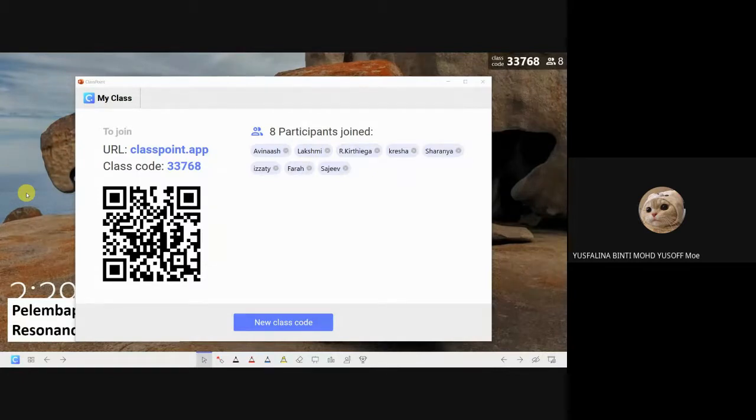Okay, so wait for others to join. Actually we have 14 people, so that means 6 more. Do you have any problem to log in to the website or use the code?